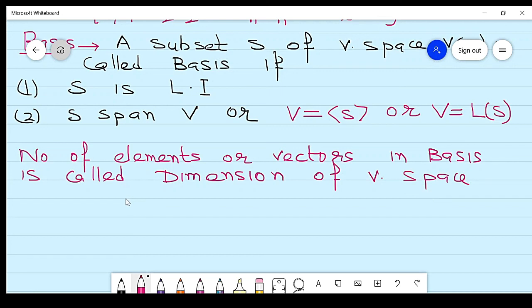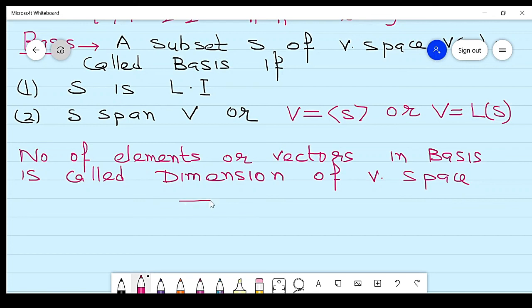If the number of elements is finite, then it is finite dimensional. If the number of elements is infinite, then it is infinite dimensional. Clear? So there are two kinds of dimensional vector space: one is finite dimensional and the second is infinite dimensional. So these are some definitions related to linear algebra.